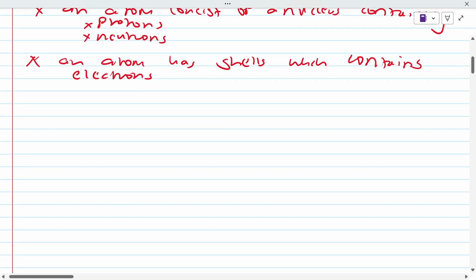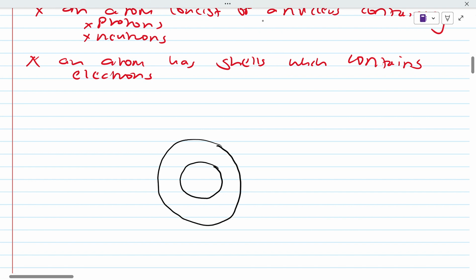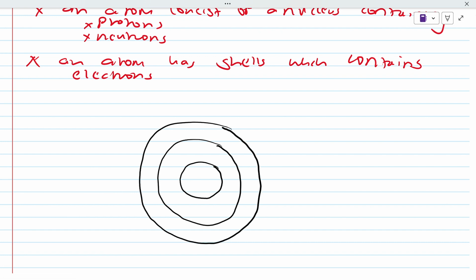Now, we've said that an atom has a nucleus. I'm going to label this as the nucleus.